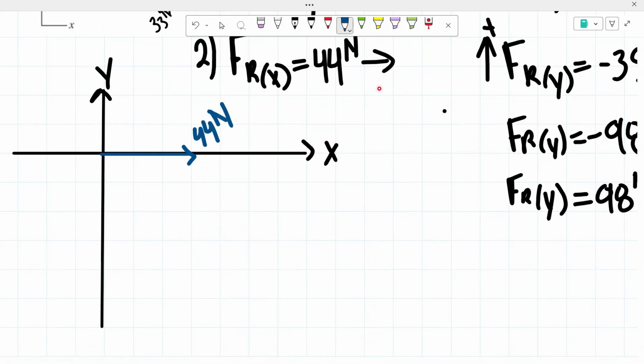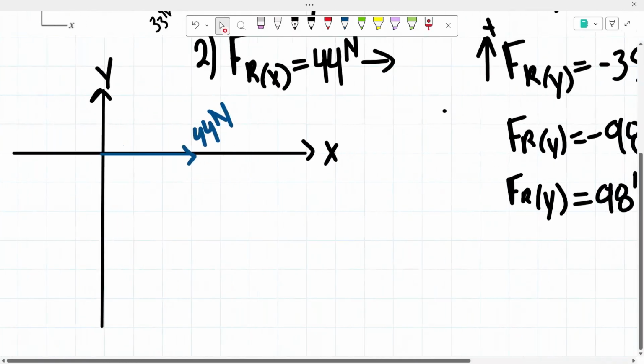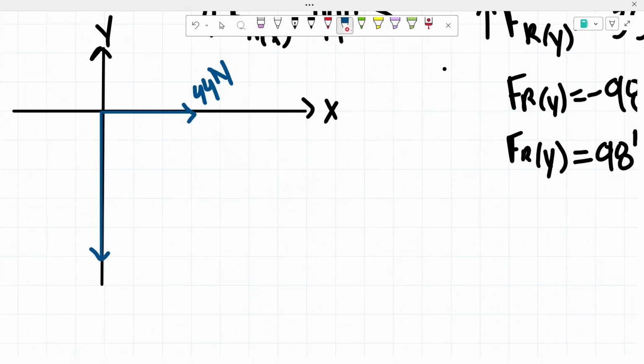And for our y direction, we have 98 newtons going downwards, so we're going to draw that out too. Our resultant force is going to be somewhere about right here.